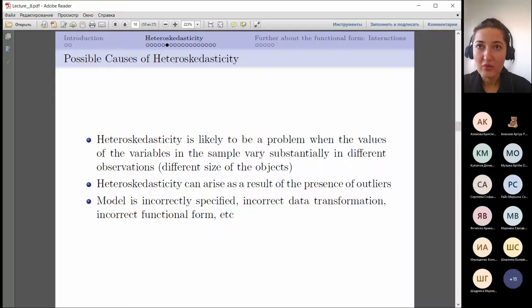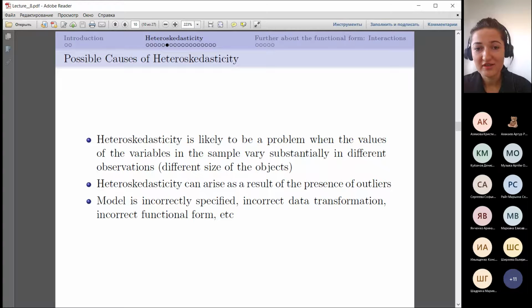The reasonable explanation is that the variation in omitted variables and the measurement errors, and you should remember that omitted variables and measurement errors are jointly responsible for the disturbance term, will be relatively small when your dependent and independent variables are small.